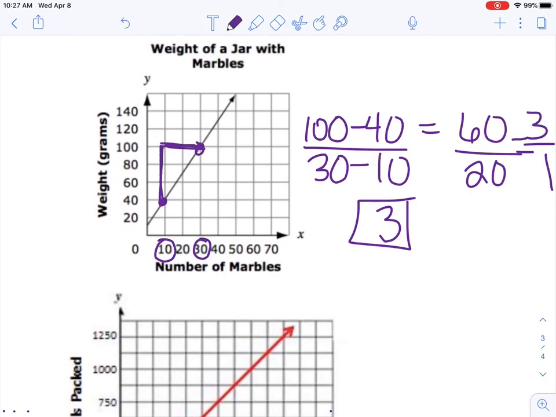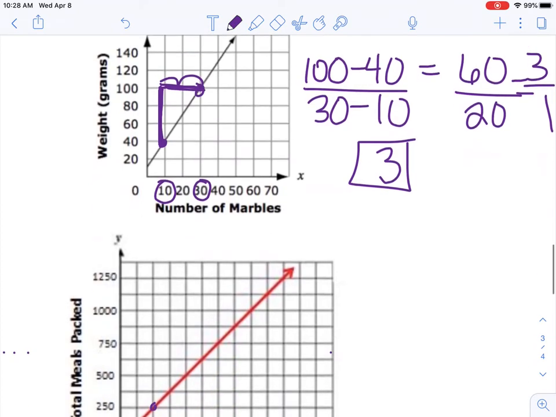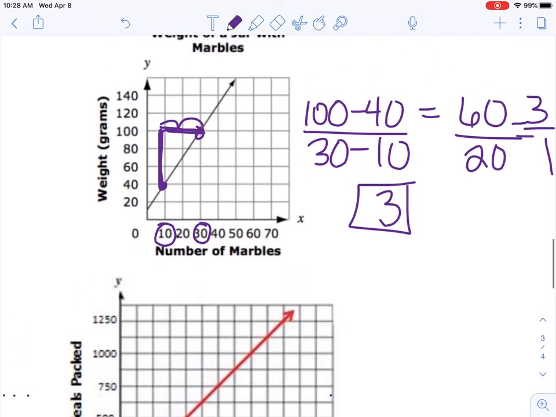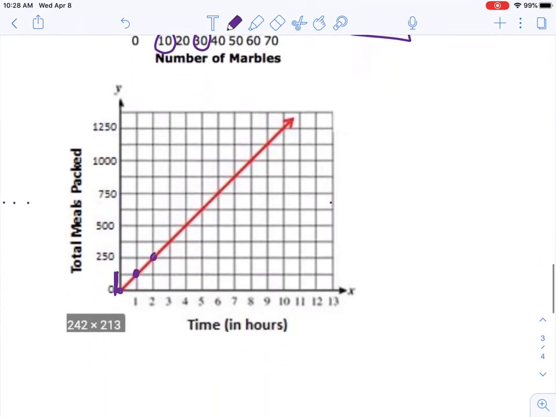So you're going up 60, 20, 40, 60, because we're counting by 20s on the y, and then we're counting by 10s on the x's, so 10, 20 is your change in your x. So 60/20 equals 3.